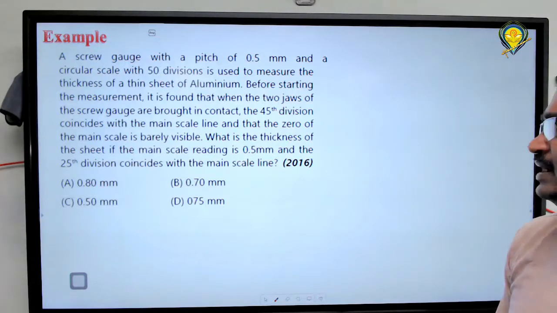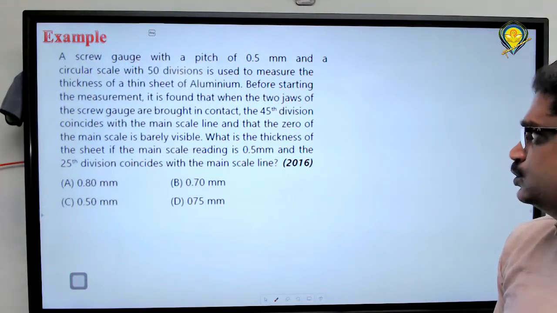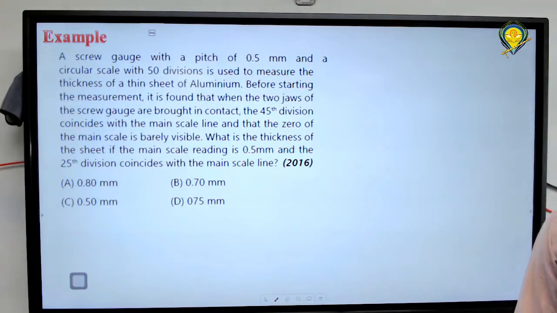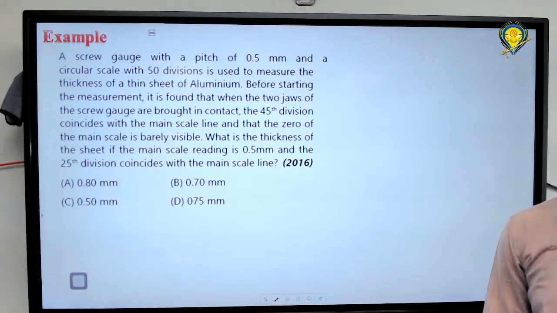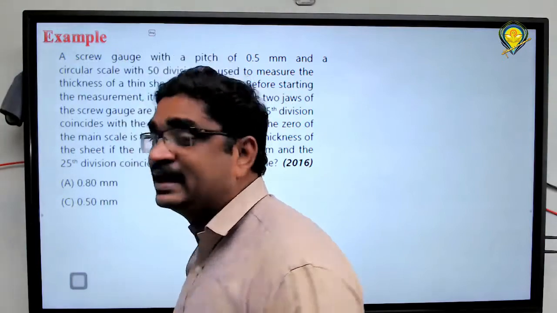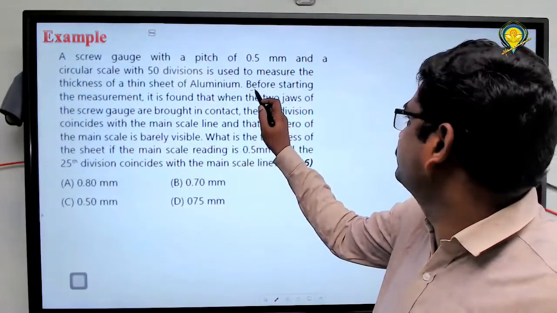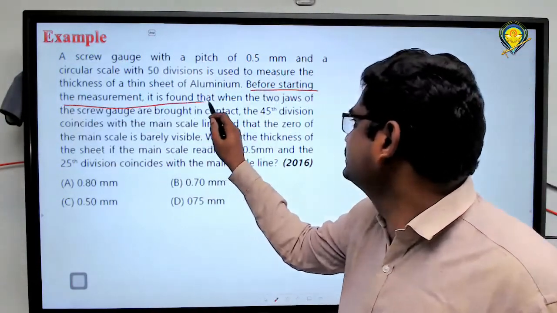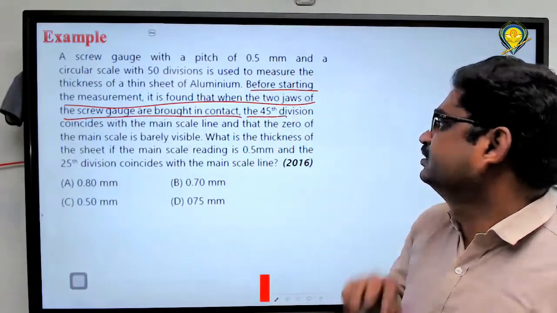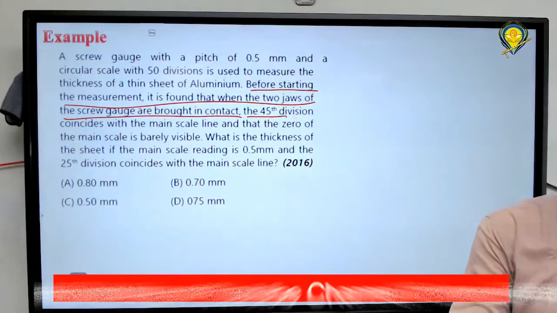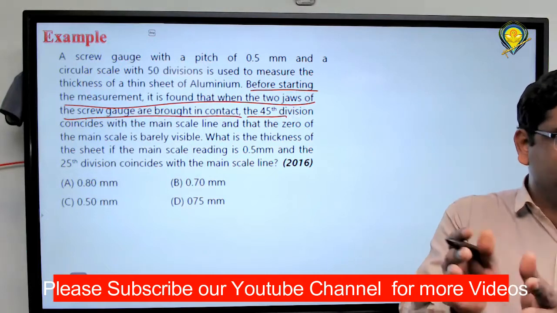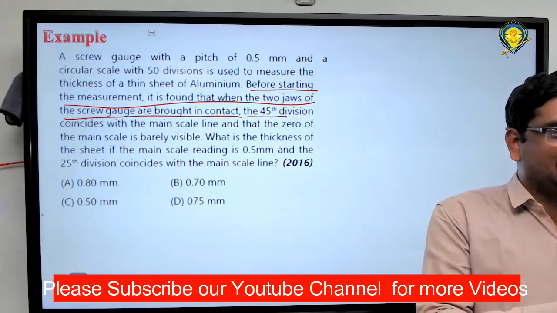Before starting the measurement, it is found that when the two jaws of the screw gauge are brought in contact, the 45th division coincides with the main scale line. Without any object, it is showing the 45th division. That means it has some error.